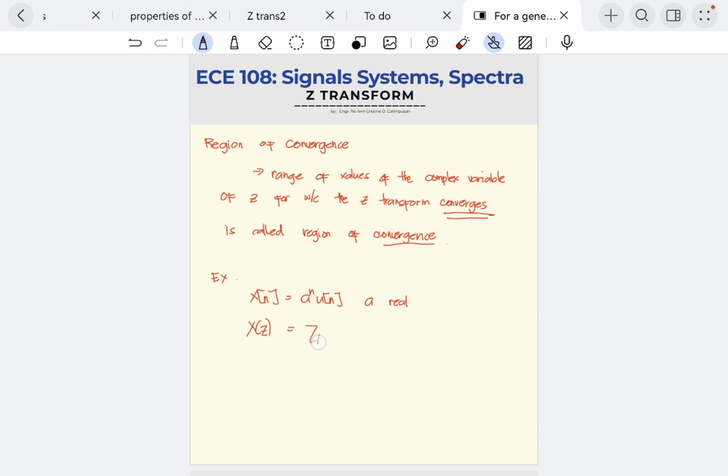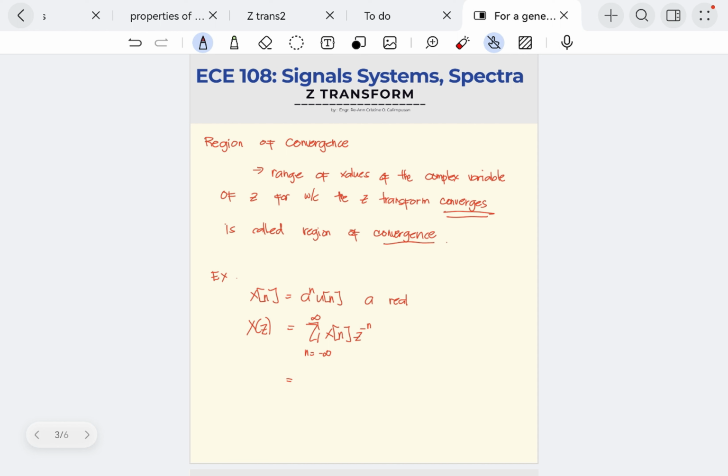To get the z transform, x of z is equal to the summation of x of n times z to the negative n from n equal to negative infinity to infinity. So just substitute the value of x of n into this equation. We'll have the summation of alpha to the n, u of n, z to the negative n, from n equal to negative infinity to infinity.